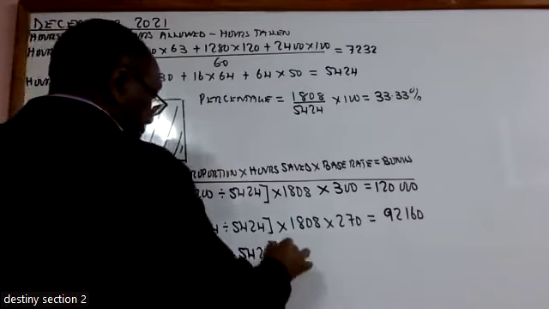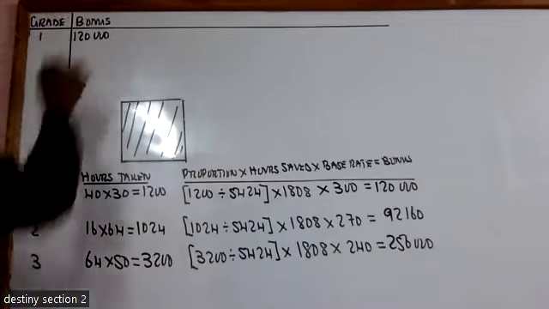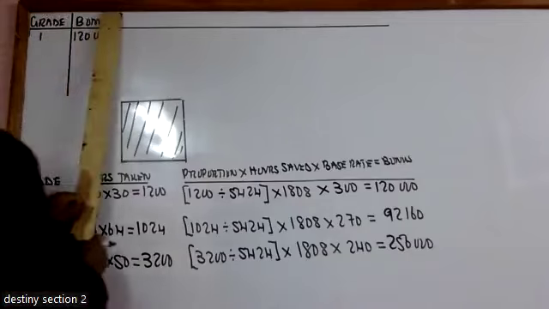We'll have the grade, that is grade 1. Then I will have the bonus. The bonus here is 120,000, already computed.